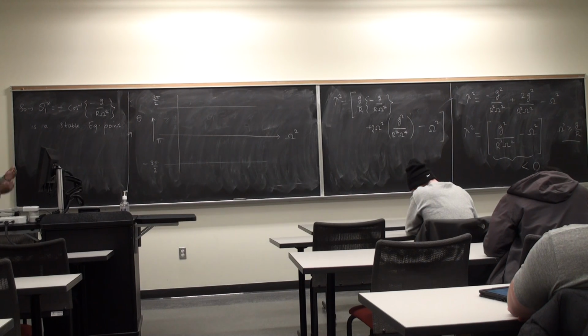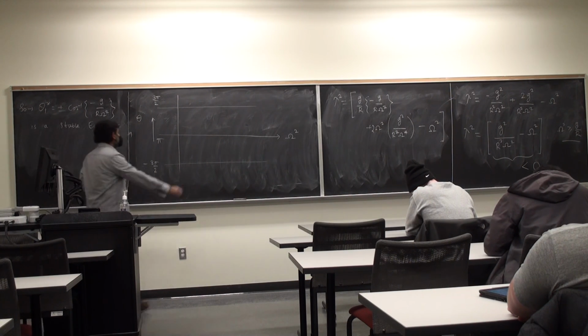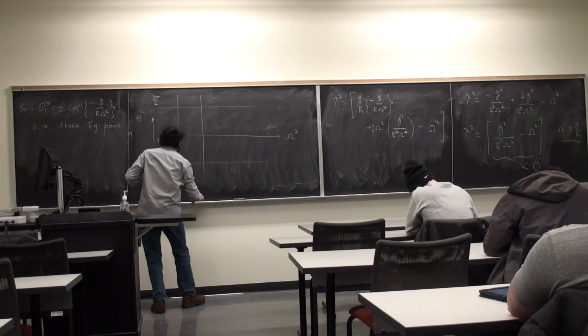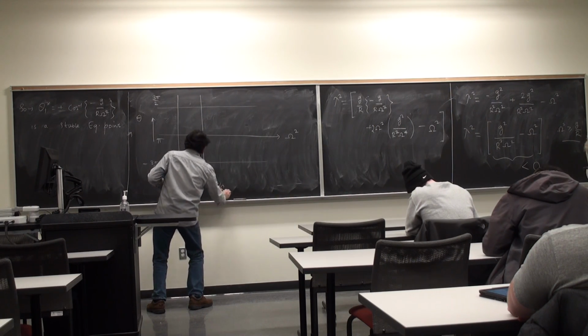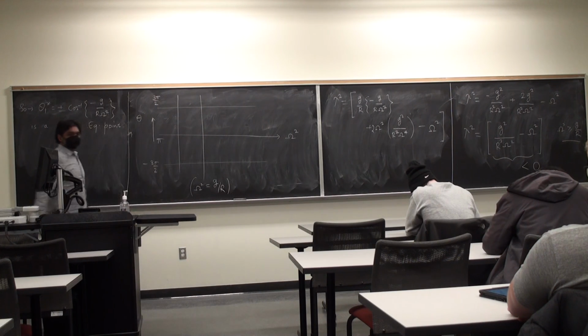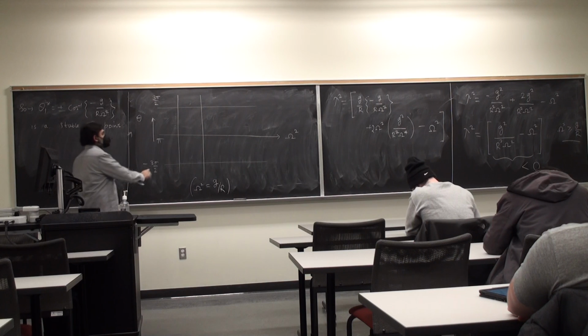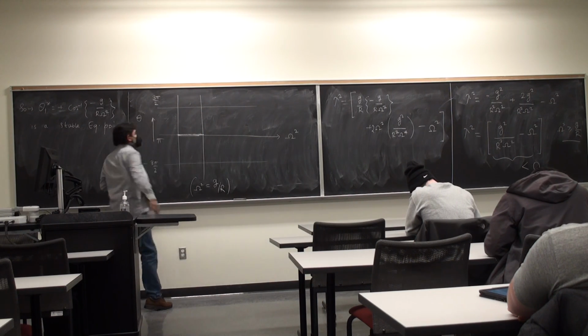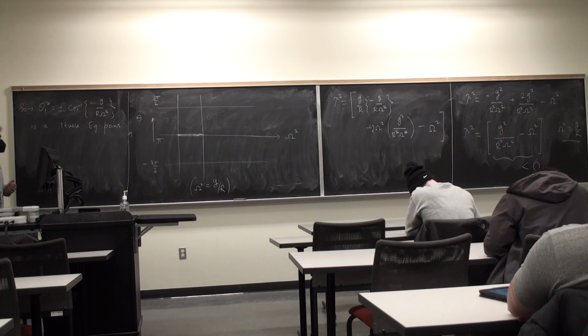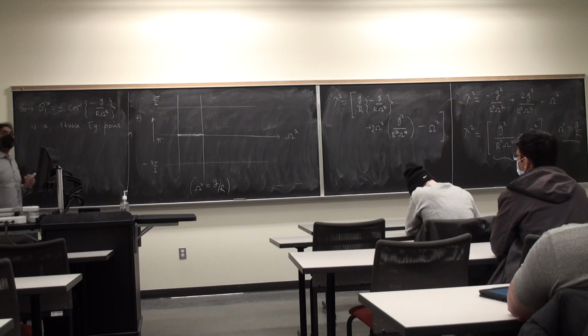For omega square values less than g by r, so I'm going to mark something here, so this is omega square is equal to g by r. For omega square less than g by r, this entire branch, when the particle is sitting there, is going to be in equilibrium, and this is a stable equilibrium.